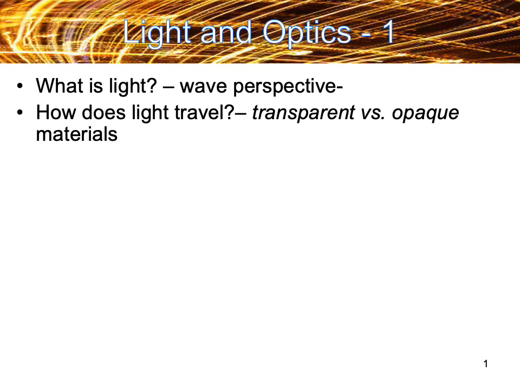But we learned in the previous section that the light is just a small portion of the broad electromagnetic waves, right? So this is the continuation of the previous section.